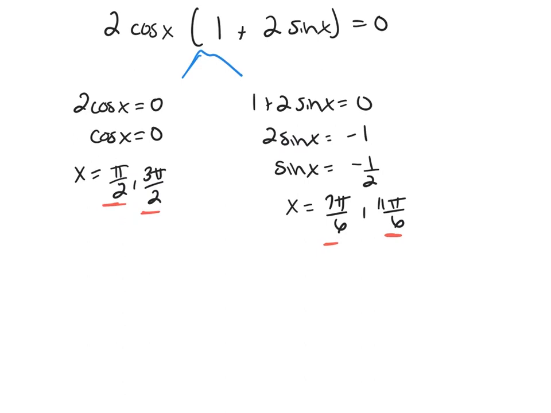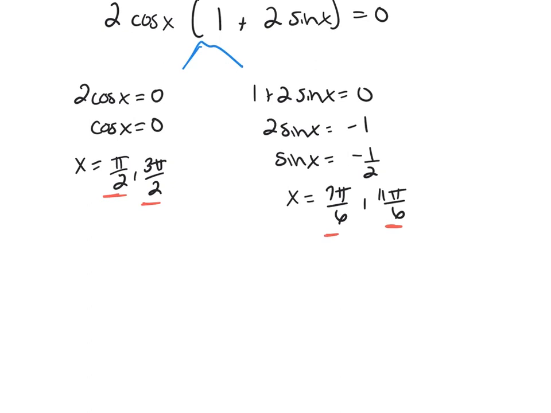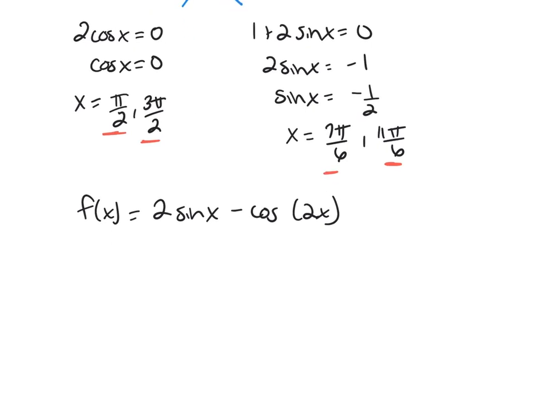So go back to our original function, f of x. F of x was 2 sine x minus cosine of 2x. And you're going to plug in all of your values into your function. So plug in my endpoint 0 here. If you plug in 0, you'll get negative 1.